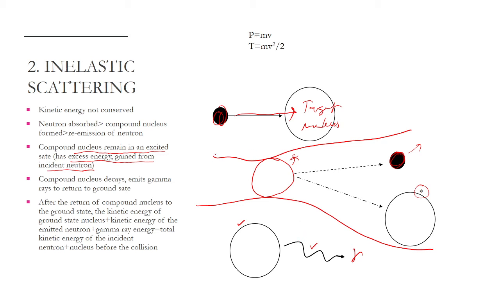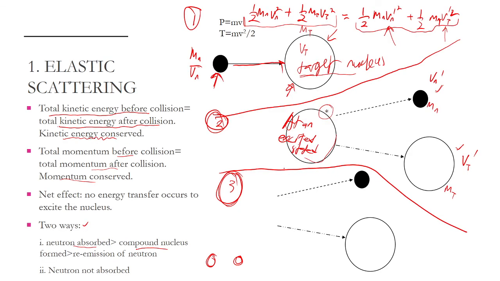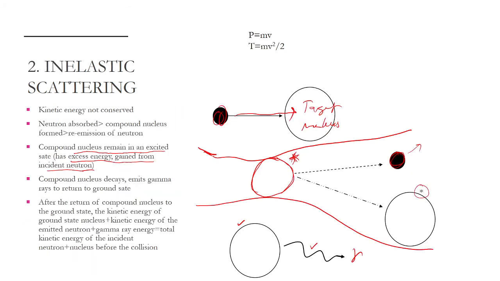In the middle of the process, the compound nucleus has so much energy, much higher than this compound nucleus, that the energy is enough to emit a new neutron. So this neutron is not the same as this neutron.